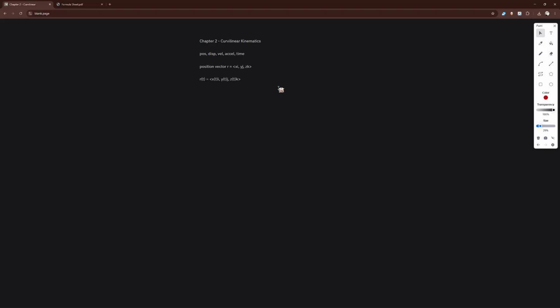There's also the magnitude of r. That's denoted like this. That's the square root of x squared plus y squared plus z squared, right? That's magnitude. This is basic stuff you probably would have learned in statics or linear algebra, or just whenever you learned vectors.